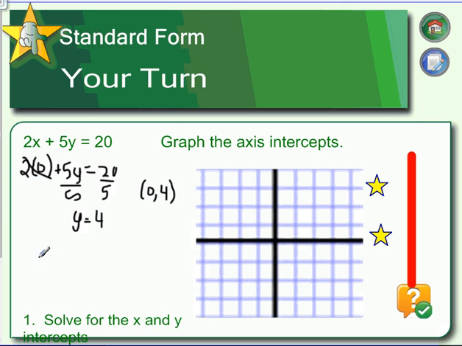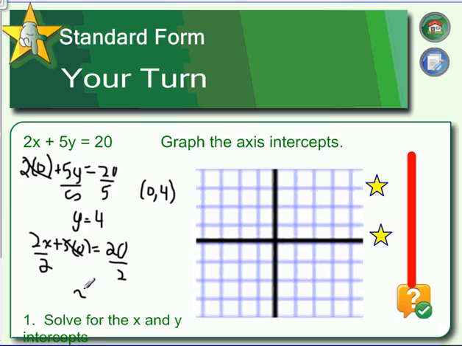Alright, the next step I'm going to do 2x, and then I'm going to substitute y, and I'm going to plug 0 in there. So I'm going to have 5 times 0 equals 20. Okay, cross that out. So then I can divide by 2 on both sides because we know 5 times 0 is 0, so I'm just going to skip that step.